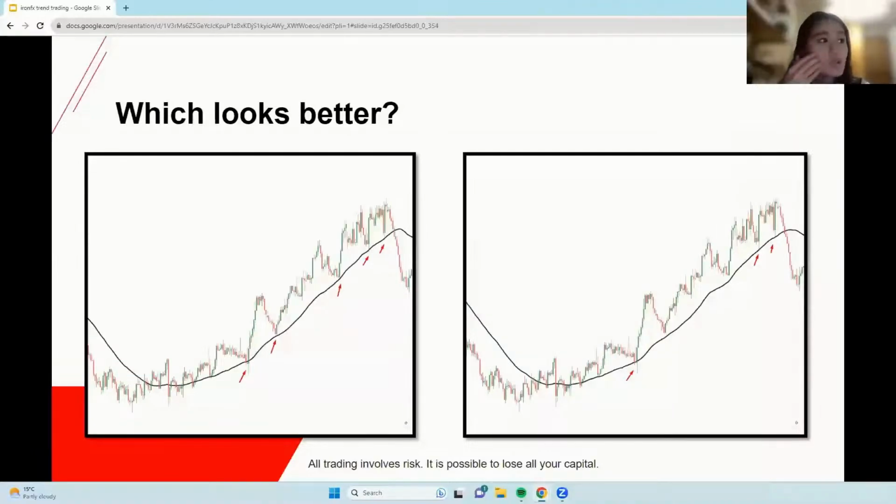Okay, so let me know in the chat which one of these looks better to you.